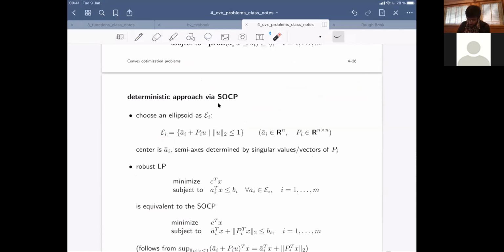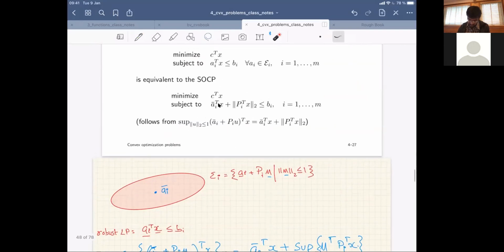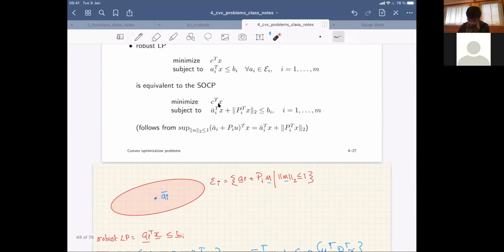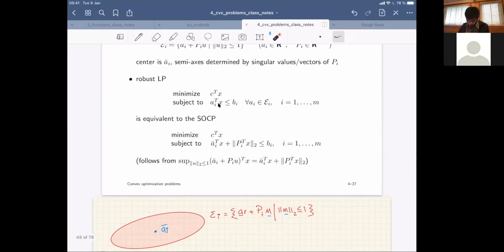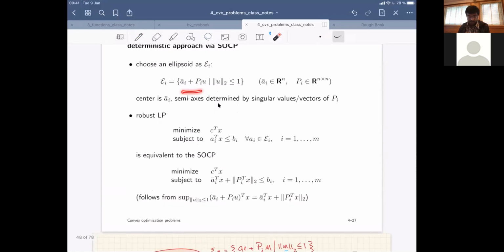Epsilon I equals AI bar plus PI U. We saw while discussing convex sets that an ellipse can be represented in this form, where AI bar is the center of the ellipsoid, and the axis lengths are determined by the eigenvalues of this matrix P. So this is how we represent an ellipsoid in vector form.